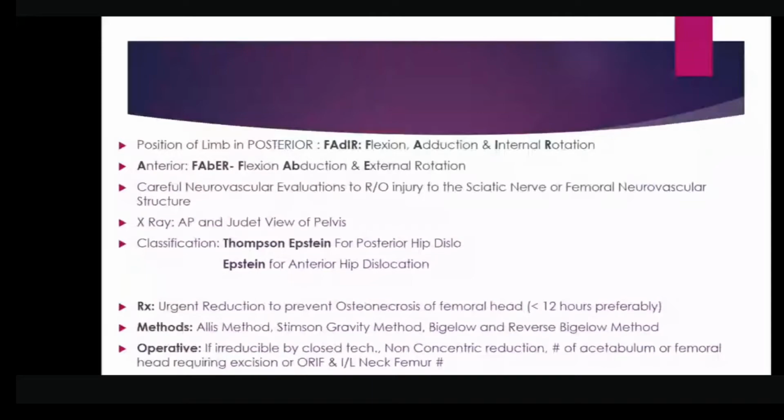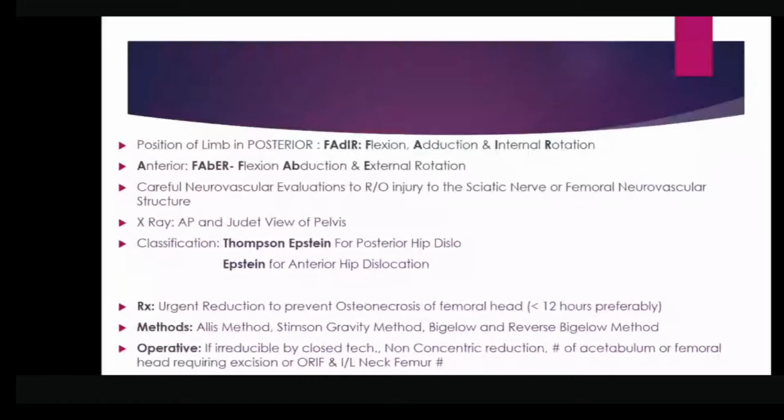See that it is mentioned that careful neurovascular evaluation. Any dislocation, you have to do careful neurovascular evaluation. Sciatic nerve neurapraxia is very common with hip dislocation. You should always look for extension of the great toe. That indicates the L5 nerve root, and whether it is preserved or not is of paramount importance.